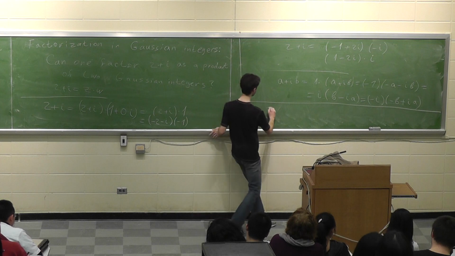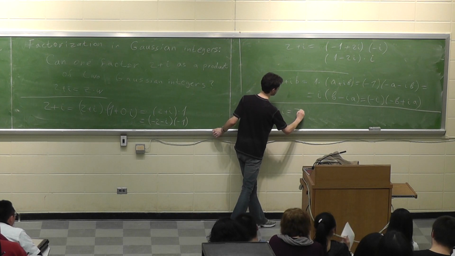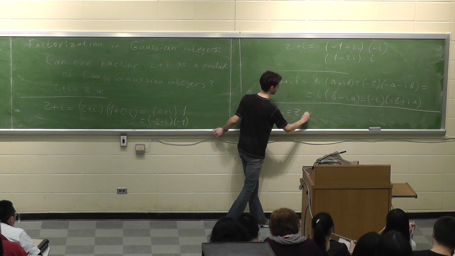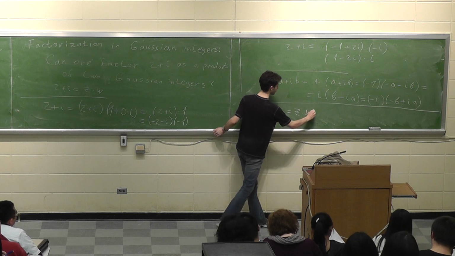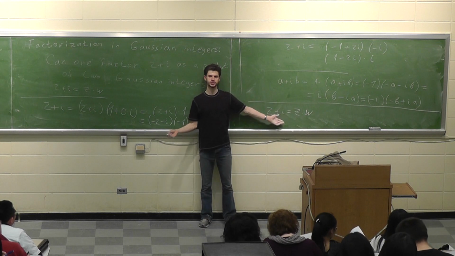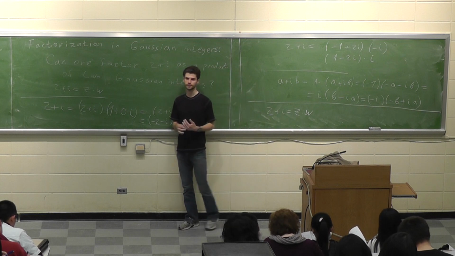Suppose that 2 plus i equals z times w. I want to understand what are all the possibilities for z and for w.